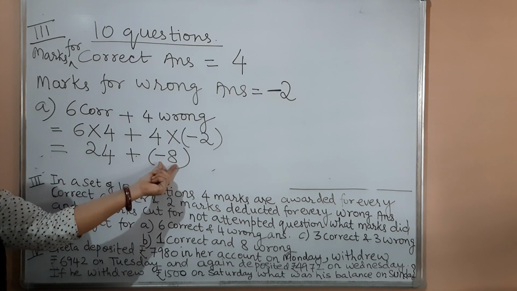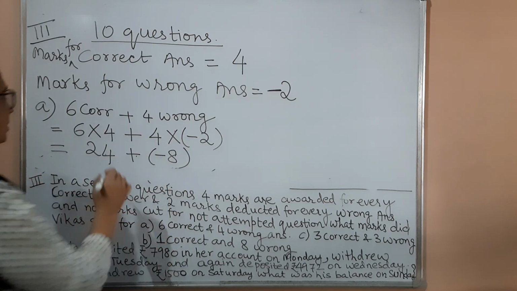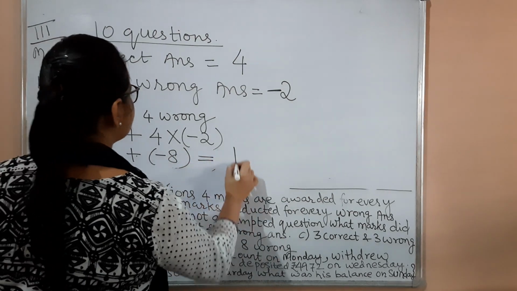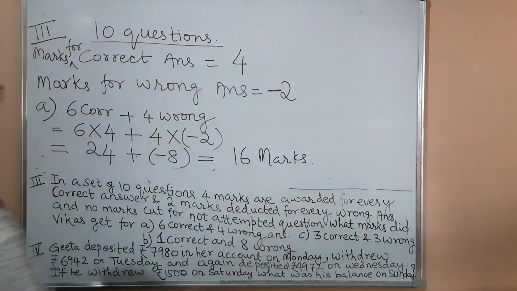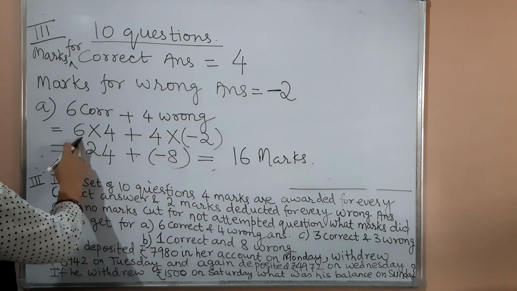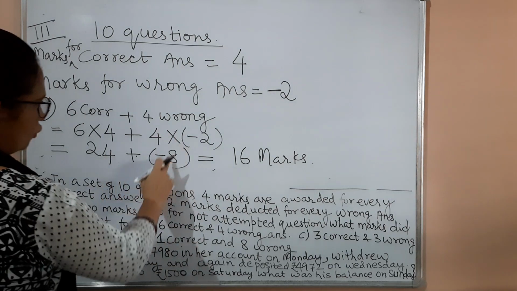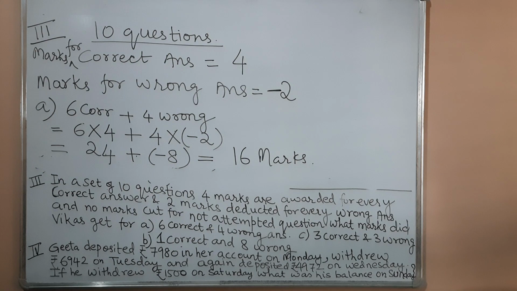Minus 8 marks he is getting for those 4 questions which he has attempted, and that means it becomes 16 marks. So this is the answer for our first part. 6 correct answers, 4 wrong answers. 6 4s are 24 plus 4 wrong answers means minus 8, and that becomes 16 marks.